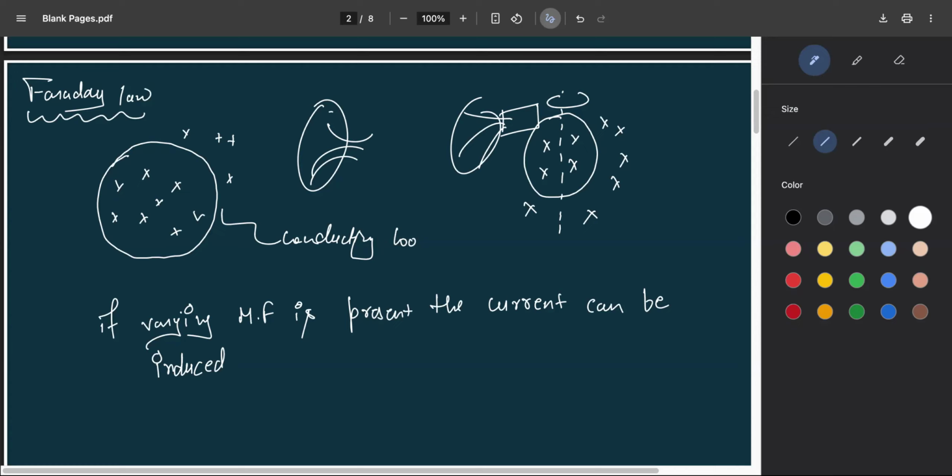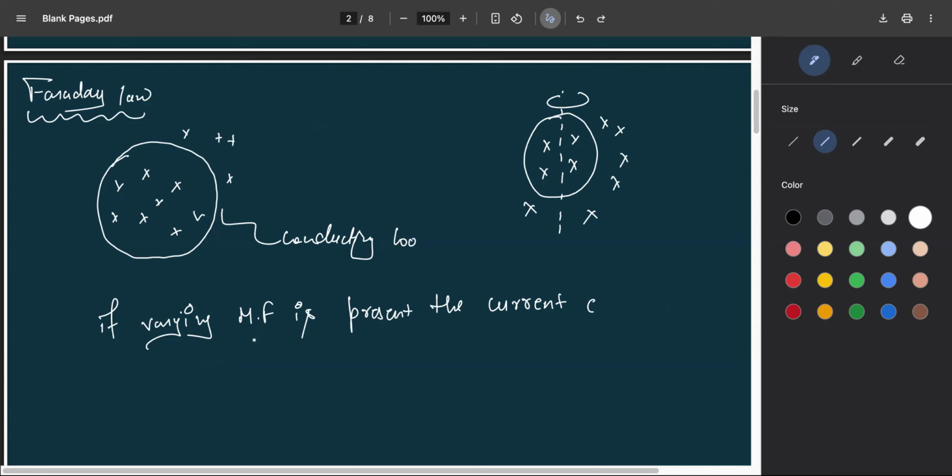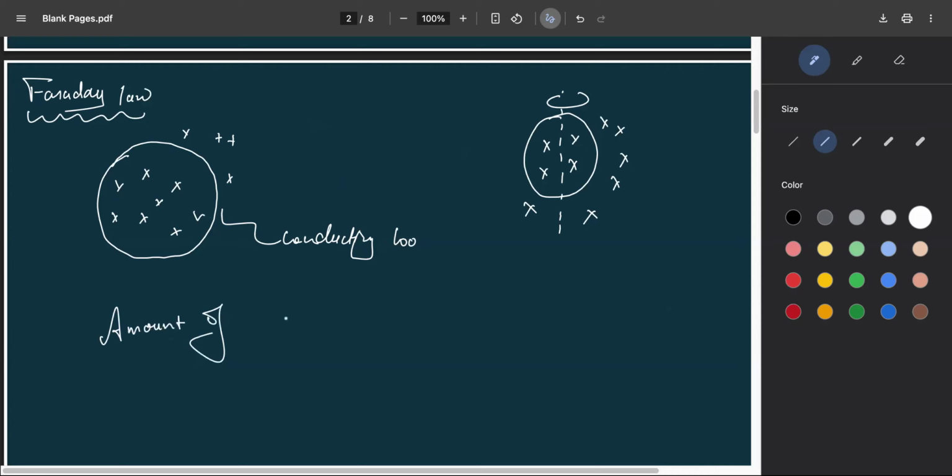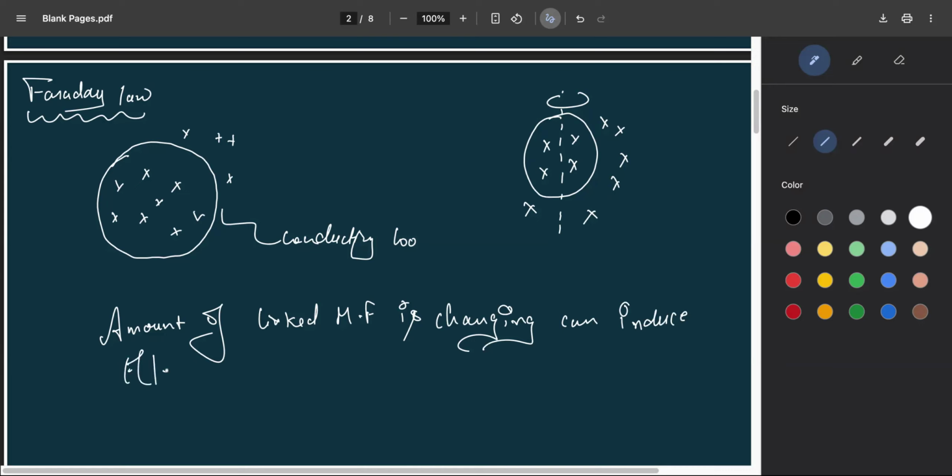If the amount of linked magnetic field is changing, it can produce or induce electric current. Clear now this time?